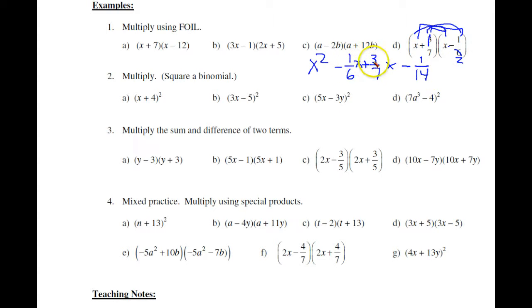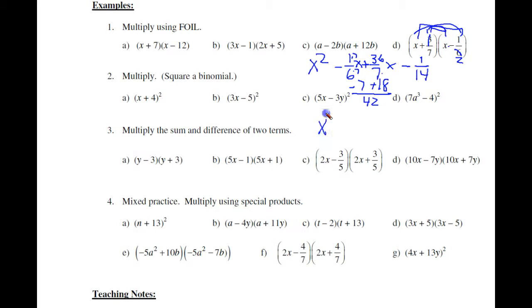Now, we have to combine these, going back to an earlier section. Our common denominator here is going to be 42. Got to multiply this by 7, multiply that by 7, so that's a negative 7. Multiply this by 6, multiply that by 6, so this is 18. So now we can summarize.